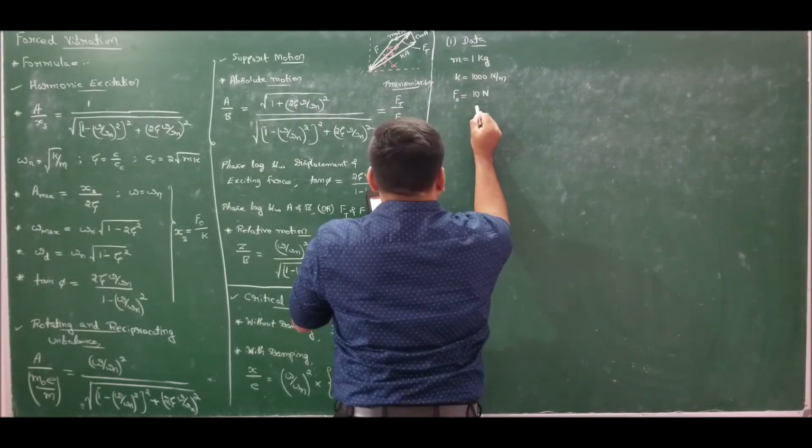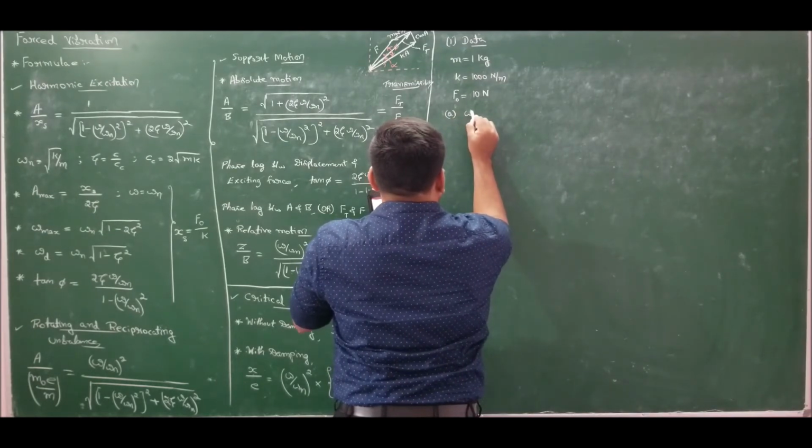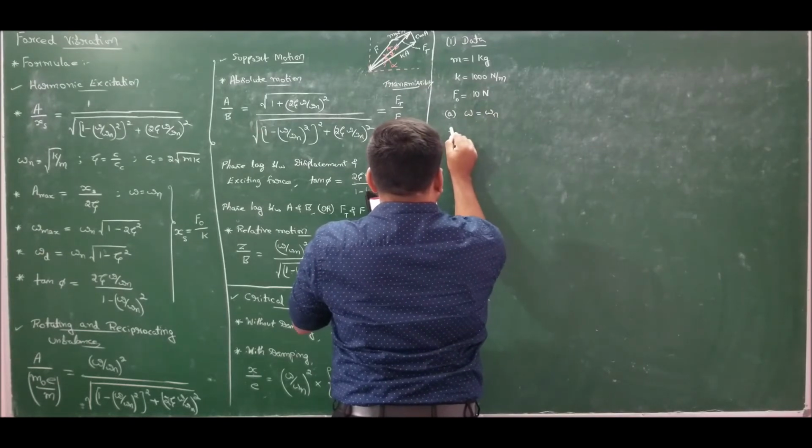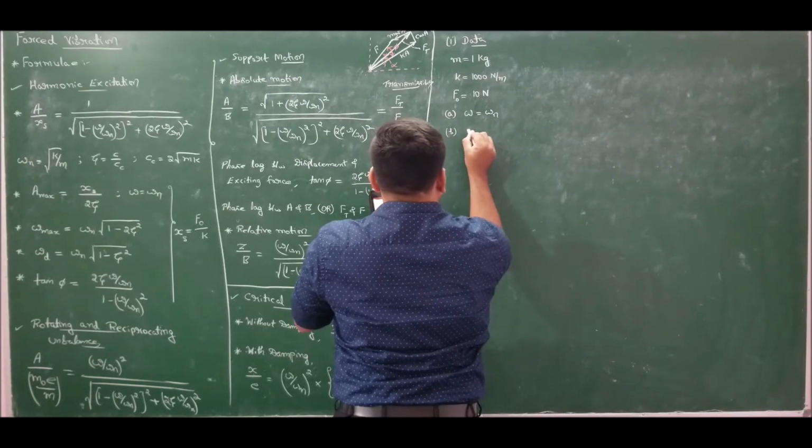Assuming viscous damping, determine A. the resonant frequency, that is omega, which is equal to omega n at resonance. B. the phase angle at resonance, phi at resonance.